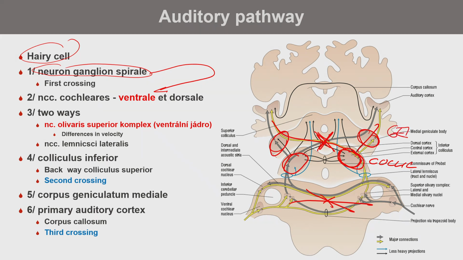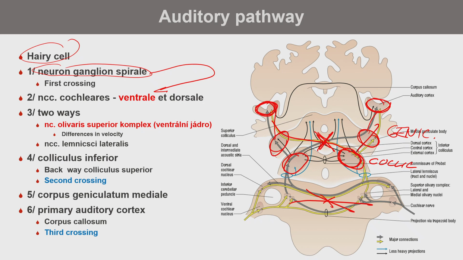And then, at the mesencephalon-diencephalon level, through the medial geniculate body, the information is transmitted to the cortex, to the cortical region, to Heschl's gyrus.